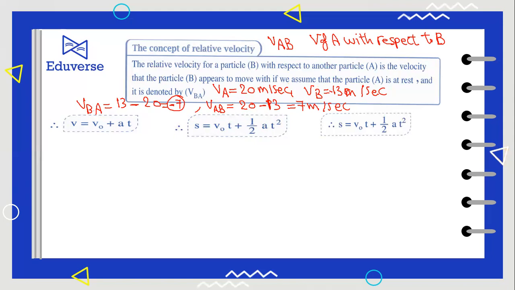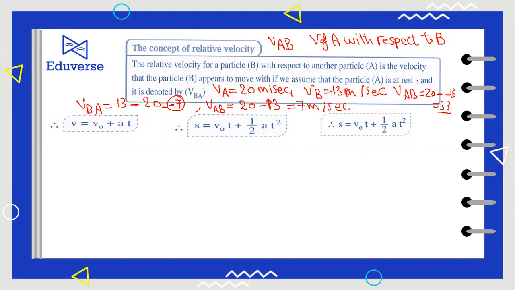If I want to find the velocity of AB, it equals 20 minus negative 13, which means 20 plus 13, which is 33. Why? Because they are in opposite directions, so they have different signs. That's the relative velocity of a body with respect to another one.